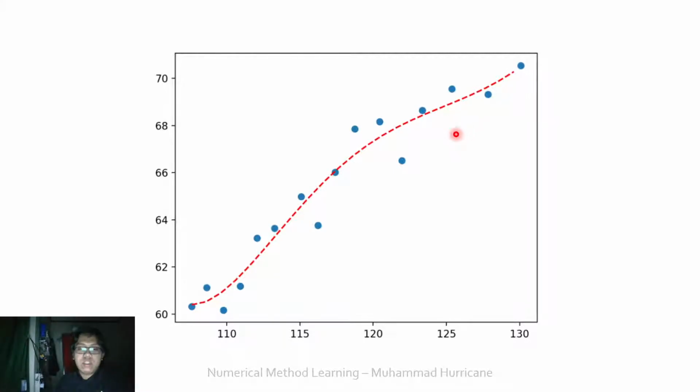So the greater the order, the more the equation represents the true value, because the deviation is much smaller.